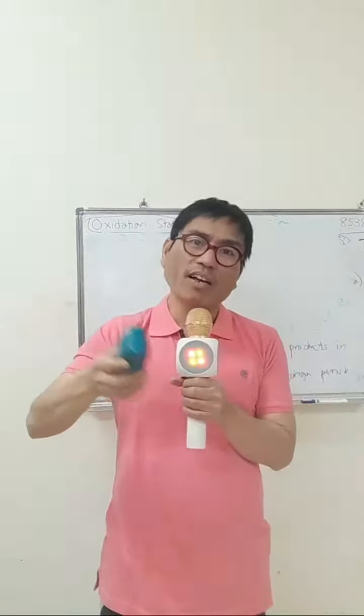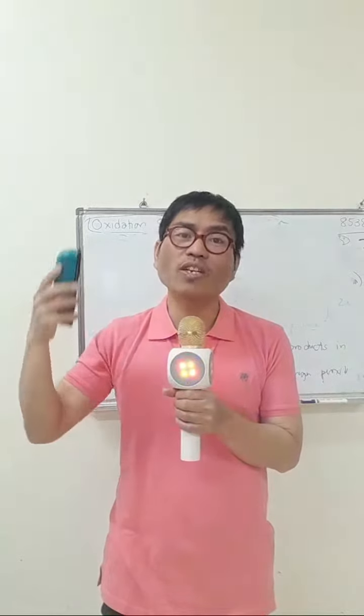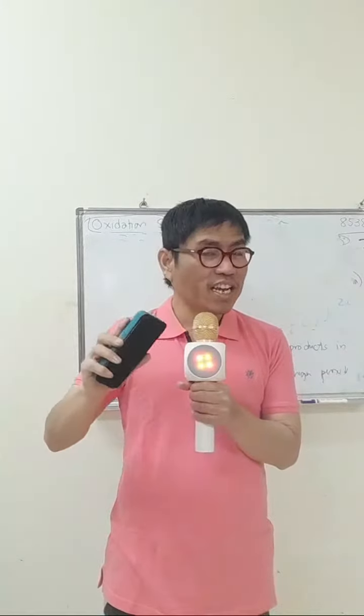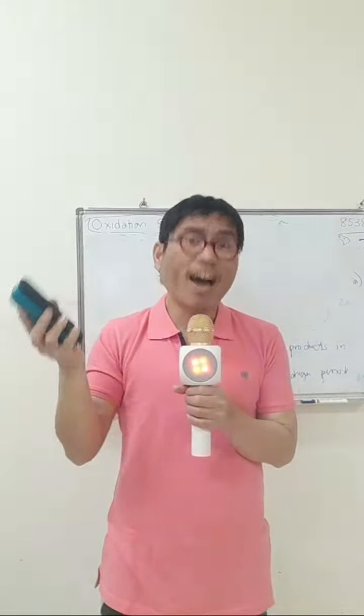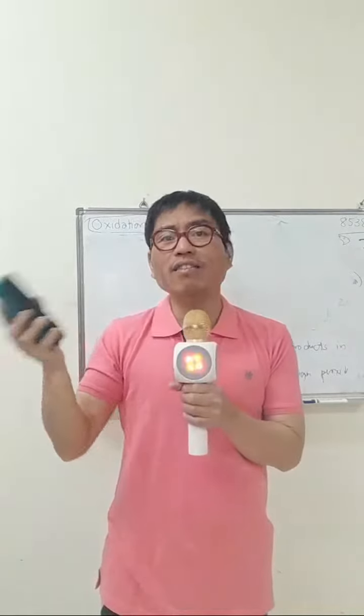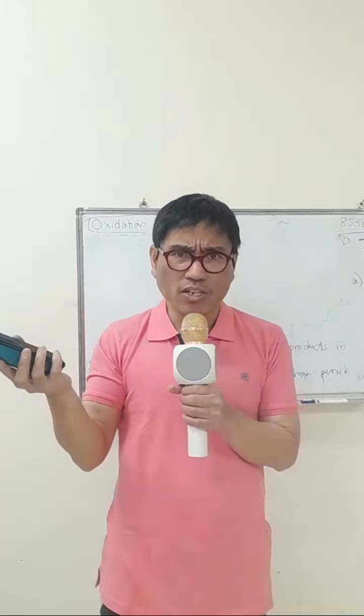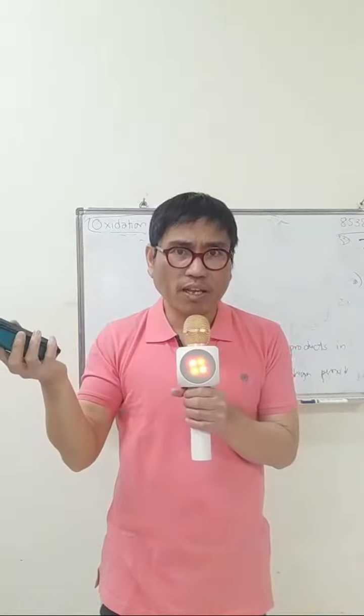It will go back to its original form, its original reactant. And this hydrogen peroxide will no longer go back to its original reactant because this kind of chemical reaction is a non-spontaneous chemical reaction and an irreversible chemical reaction.